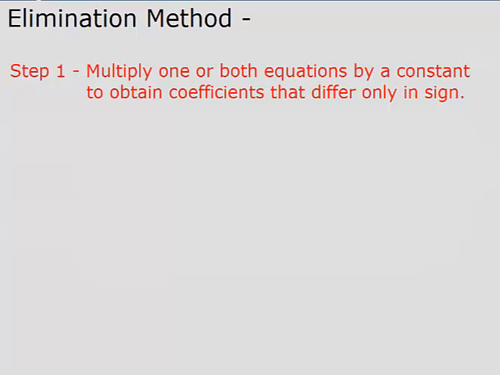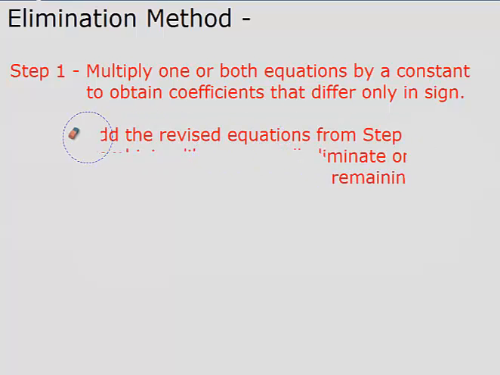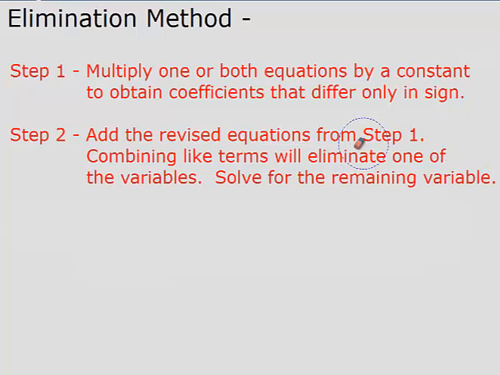We're going to multiply one or both equations by a constant to obtain coefficients that differ only in sign. So we want the exact same number on the variable in both equations, just one's going to be a positive and one's going to be a negative. Then we're going to add the two equations together after the multiplication.